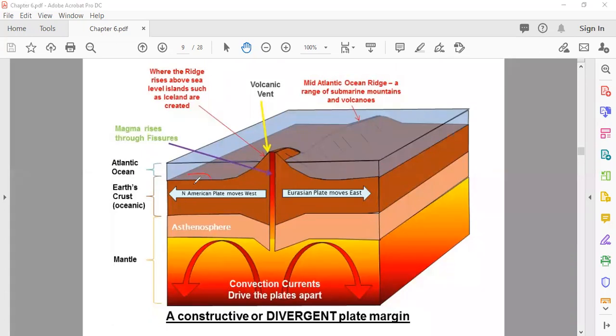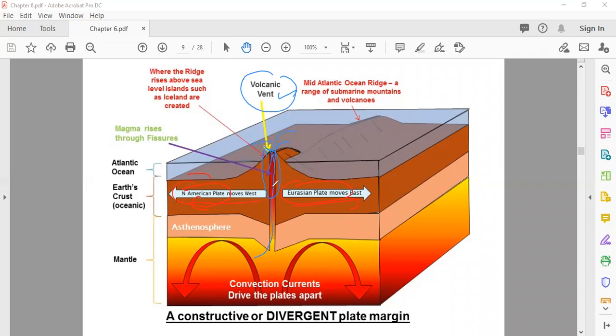This is the North American plate, and this is the Eurasian plate. They are moving away from each other. When they move away from each other, a small gap comes, and from here the lava comes out. This small gap is known as a volcanic vent, meaning the place from which it comes out.